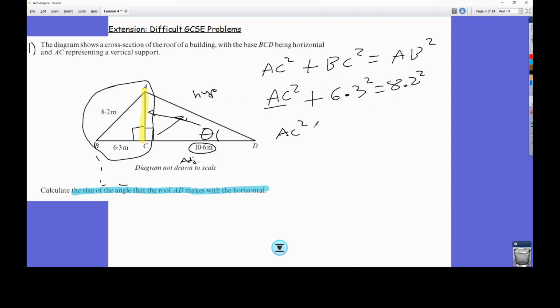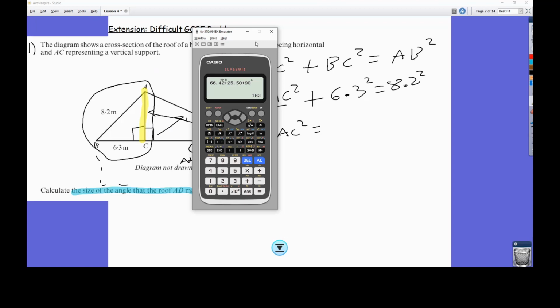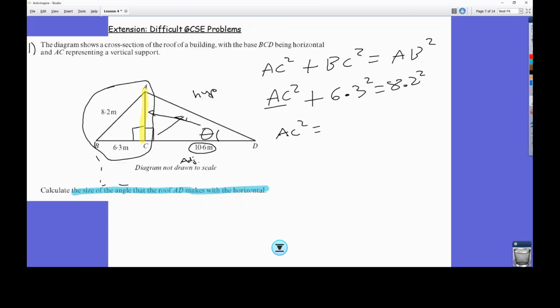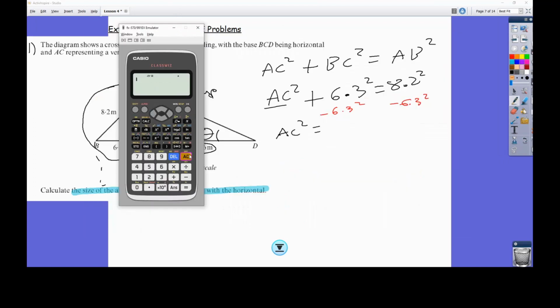I'm going to subtract 6.3 squared from both sides to leave me with AC squared on its own. So I end up with 8.2 squared minus 6.3 squared equals 27.55.